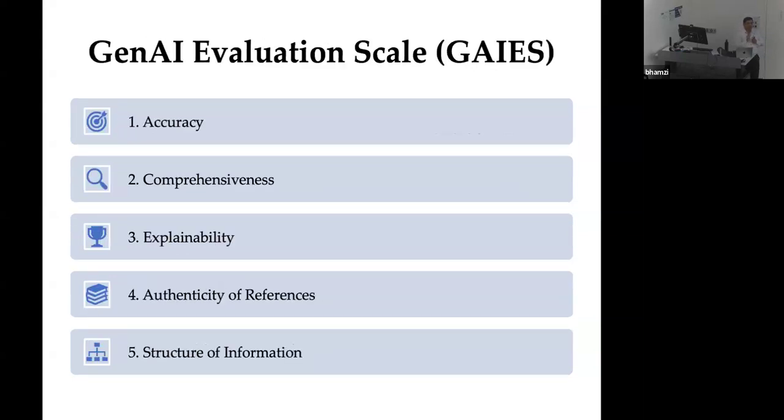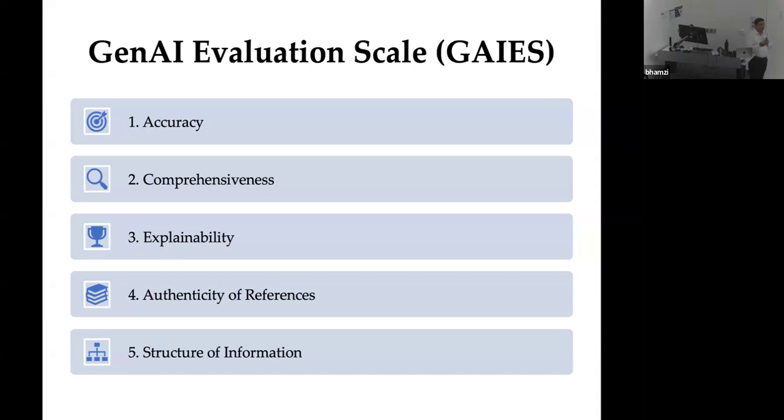So what I did, I developed a scale, a benchmark, to assess AI-generated information. For Islamic law, accuracy, truthfulness, and authenticity of information is really important. So what's being said? And based on what? What's the authority?